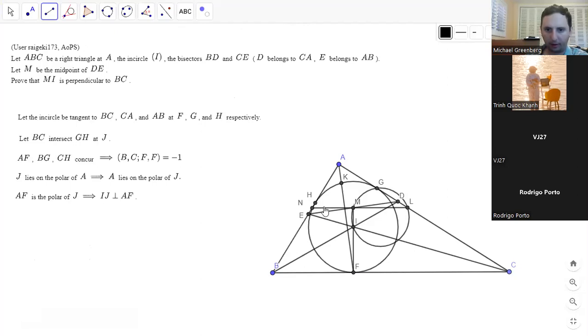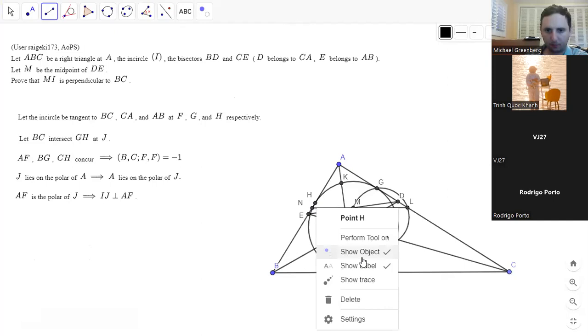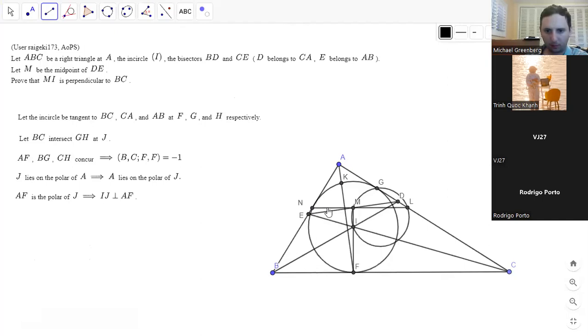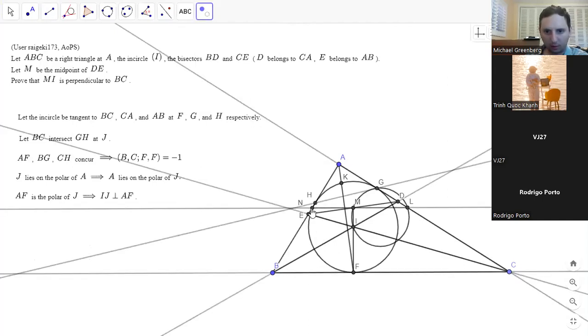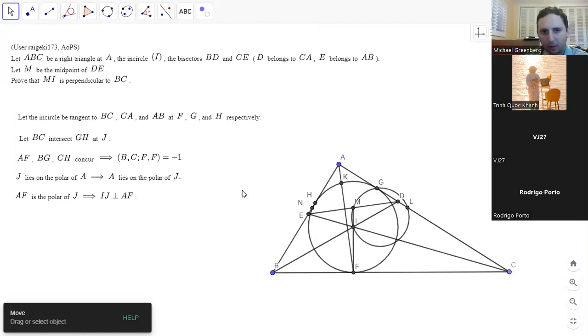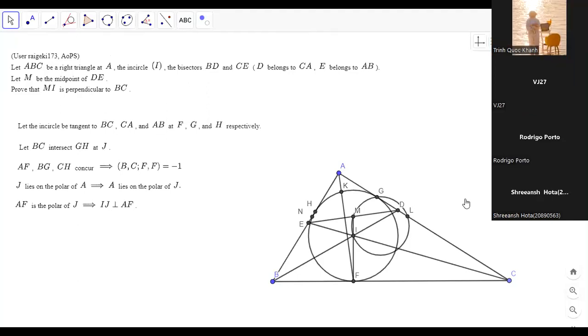So I'm gonna hide ML. All right. And the lemma that is well known is that M lies on the median of the triangle ABC. I see Sriyansh just joined.